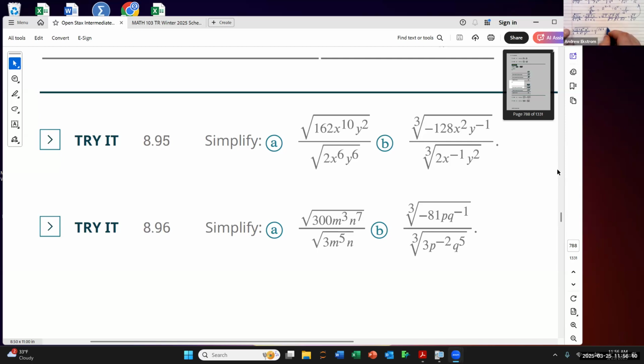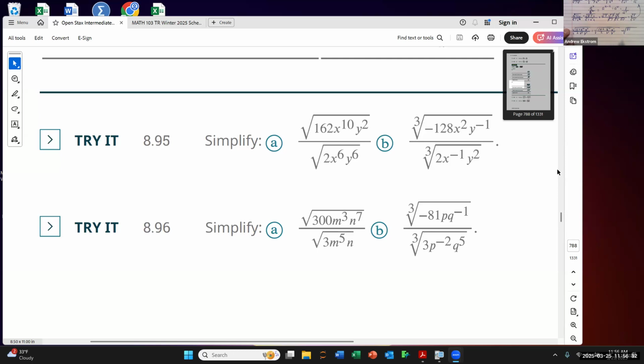So we put everything under the root. 162 divided by 2 is going to be 81.